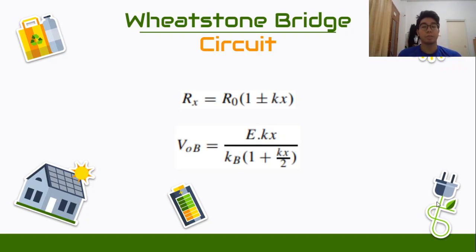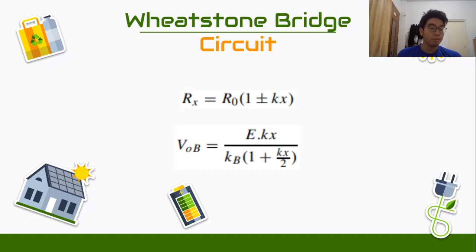As for the Wheatstone bridge circuit formulas, the first formula describes the resistance Rx of a linear resistance sensor, where K is the conversion constant of the sensor and X depends on the measured quantity, while Rho is the nominal resistance of the sensor element.